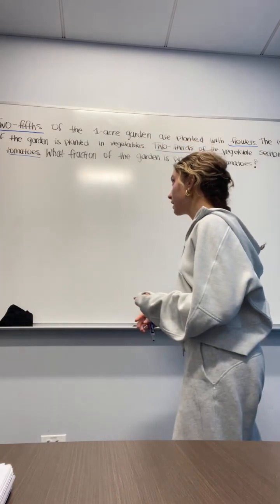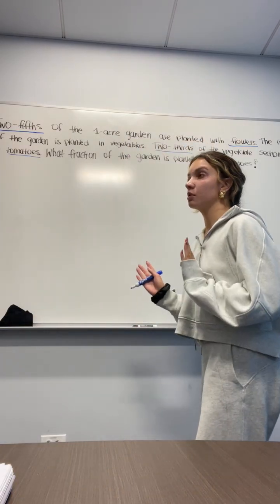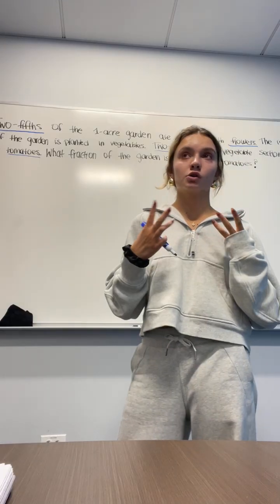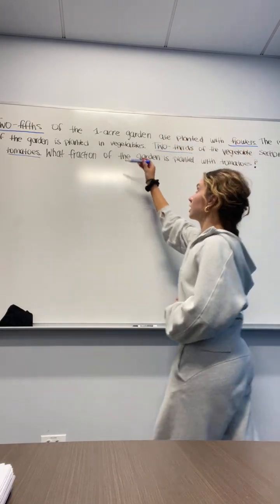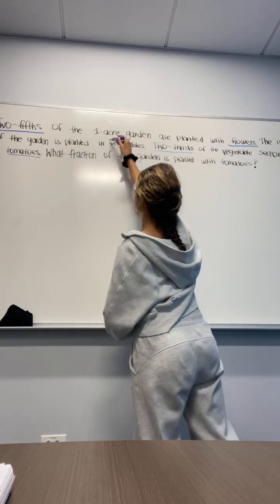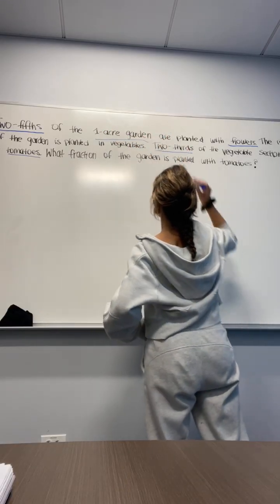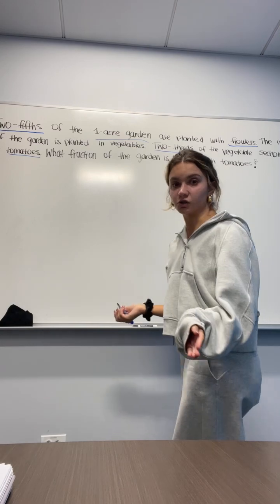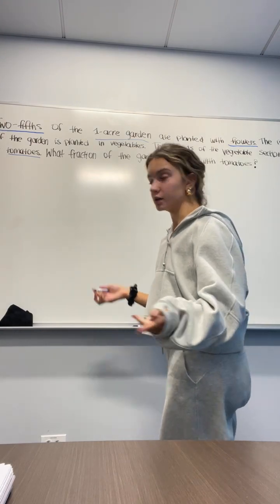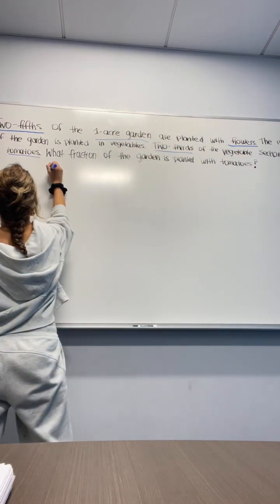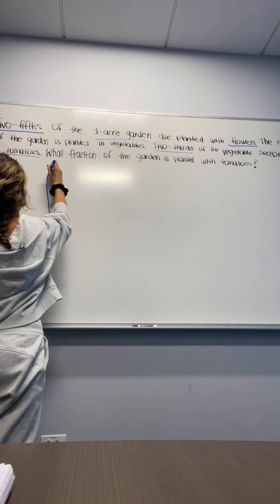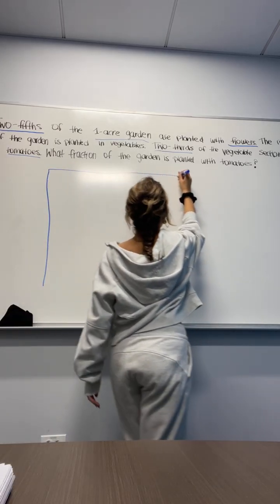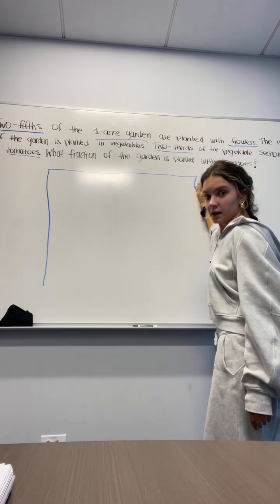A great way to start off this problem is to draw a visual. I am going to draw our one acre garden. I'm just gonna draw a rectangle of some sort. Hopefully you can see that. All right, let's draw my garden.